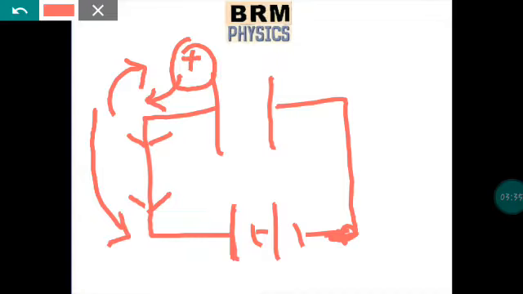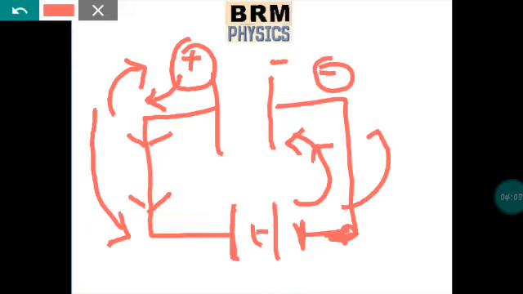Understood? At the same time, the electron that goes to the second plate of the capacitor makes it negative. When the next electron goes to the second plate, it will experience a repulsive force. So the battery has to do work against the repulsive force to push the electron to the second plate.